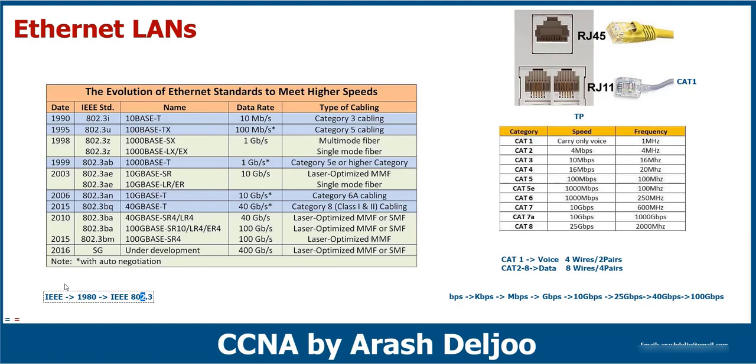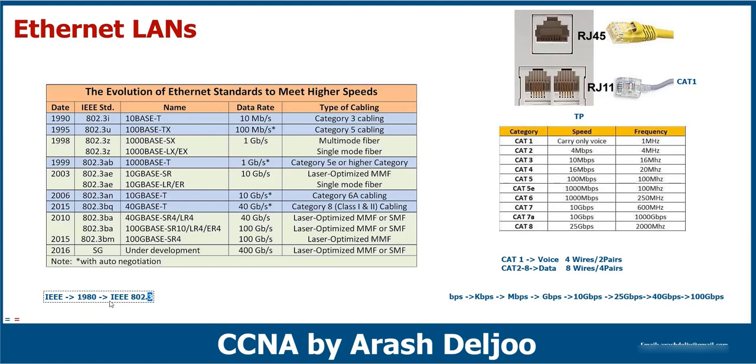Because of that, the IEEE called the Ethernet IEEE 802, and 3 is the number of the Ethernet standard. For other standards we are using other numbers, for example 802.11, 802.5, and other numbers. But the original standard for the Ethernet from the IEEE was published as IEEE 802.3.